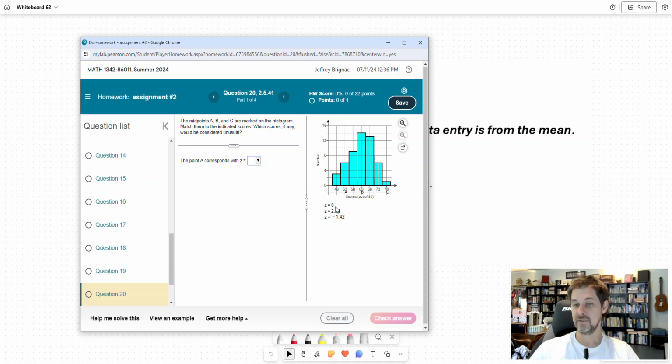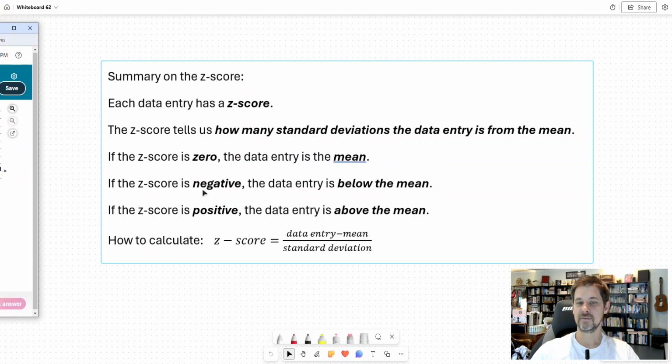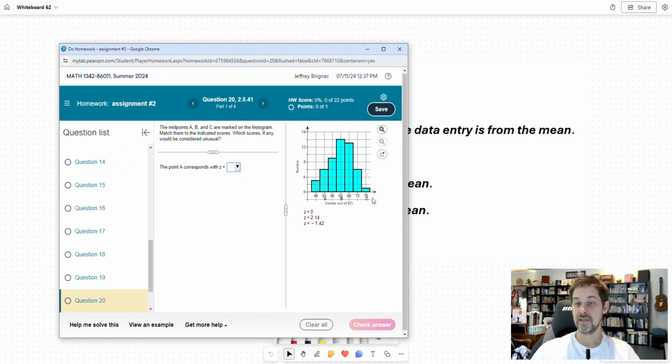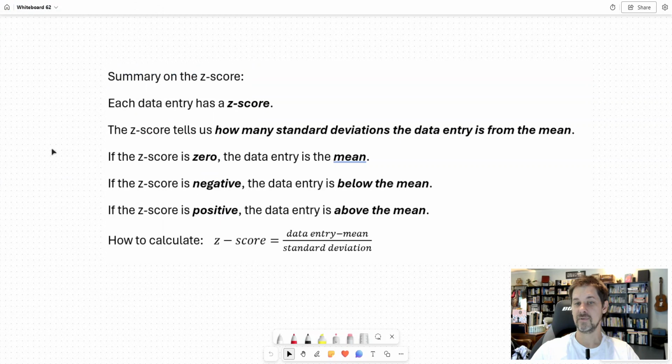Now, if B is the mean, then point A is less than the mean and has a negative z-score, and point C is above the mean and has a positive z-score.